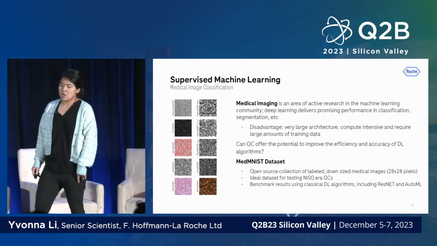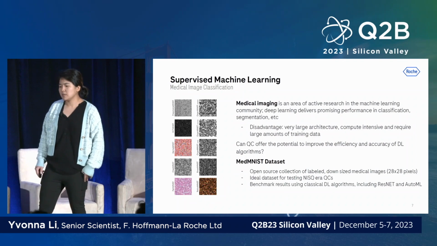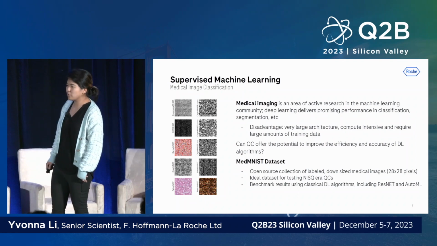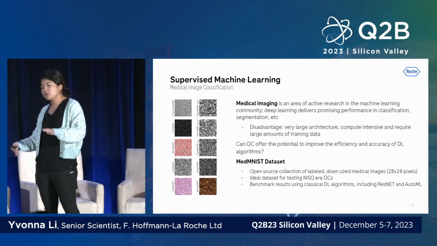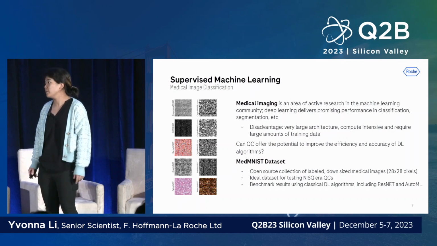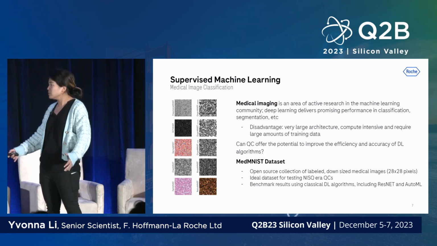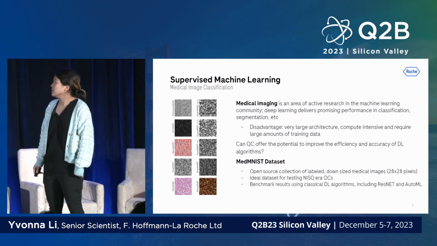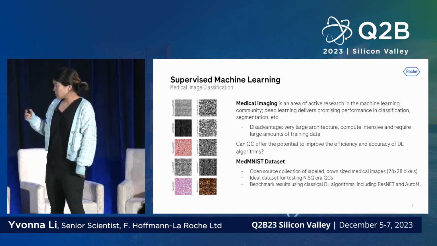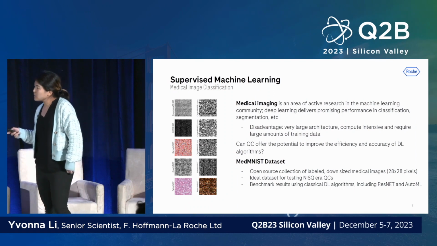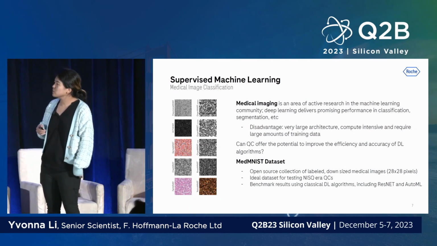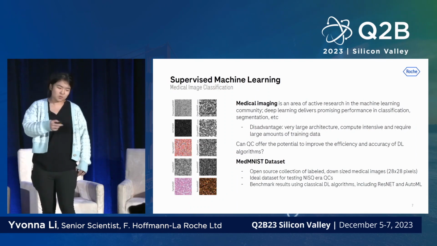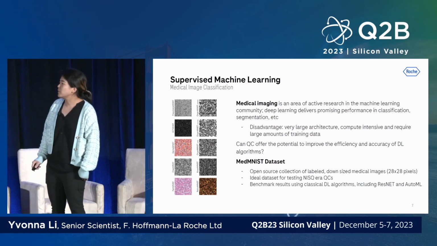So when we're looking for advantage coming from quantum computing, we really wanted to pit the quantum computer against a very high bar, which is the deep learning algorithms available for imaging. And for the next couple of slides, I will be showing you results based on this MedMNIST, which was also used in our last presentation.